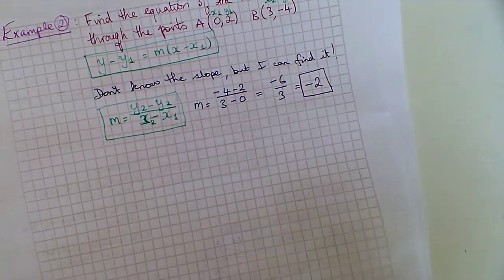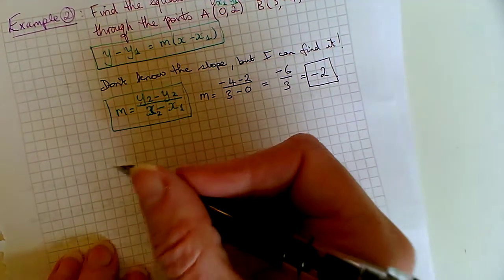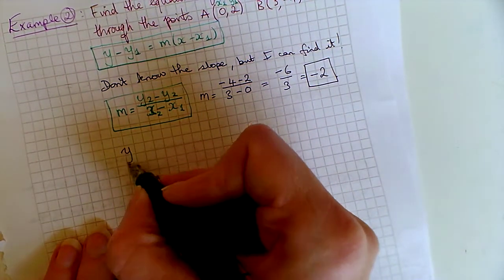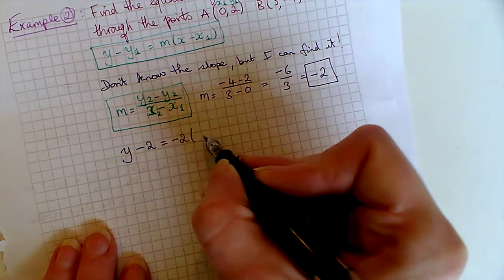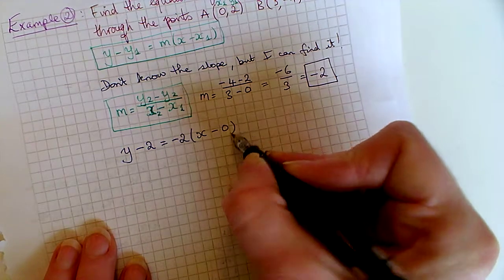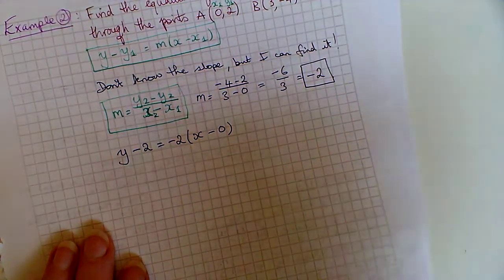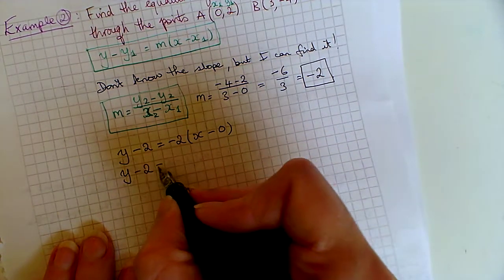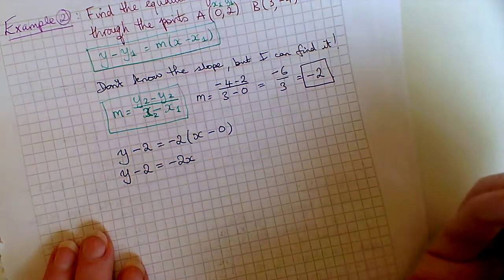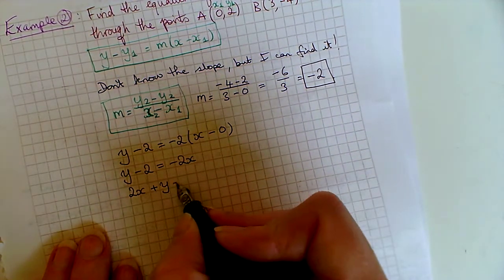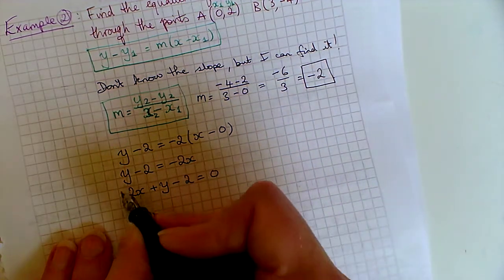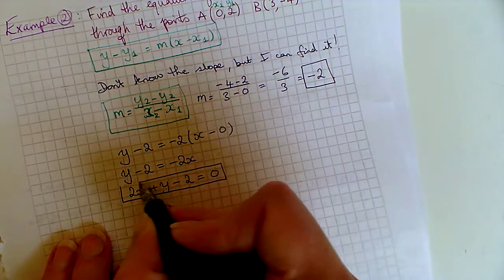Now I fill into my formula and I get y minus y1, y minus 2 equals m by x minus x1. x1 is 0, and that's fine, we just fill it in like that. So y minus 2 is equal to minus 2x, the 0 is gone. Everything to one side: 2x plus y minus 2 equals 0. And that's my answer.